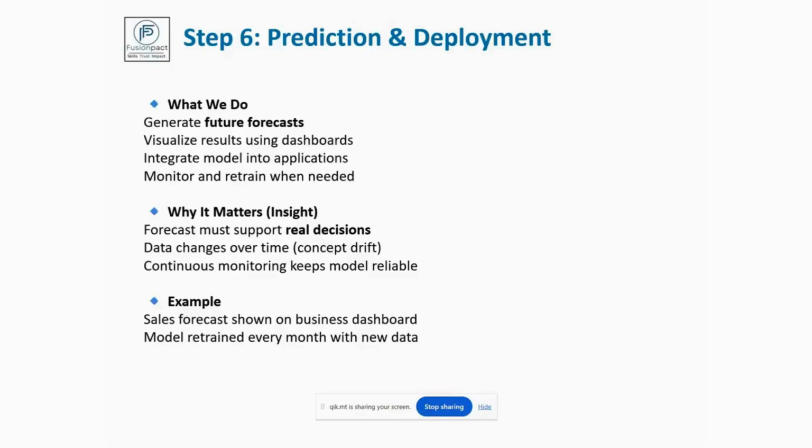Since data changes over time, we monitor performance and retrain the model regularly, and fine-tune the model regularly by using fine-tuning concepts. For example, sales forecasting may be shown to business managers, and the model is retrained every month.